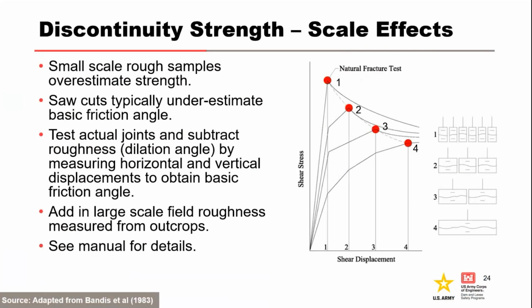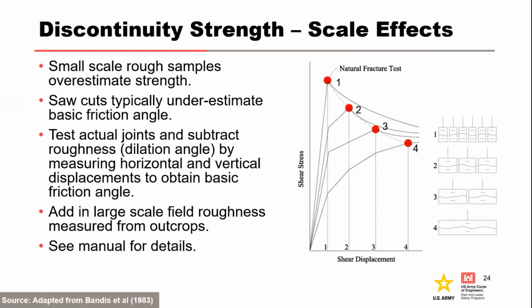A phenomenon that is often misunderstood and overlooked concerns scale effects for rough joints and discontinuities. When we test rock specimens for shear strength, we're testing core that's like 3 inches, but we're evaluating a dam that's hundreds of feet wide. So Bandis and Barton tested large rough joint specimens in direct shear, and then they cut them up into smaller and smaller specimens and repeated the testing.